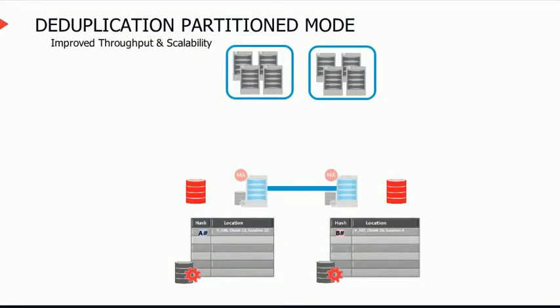The following illustrates the process of a 2-node deduplication partitioned mode grid in action. To start, clients select a data mover, media agent, to send data to based on a grid store policy. Let's look at a data stream creation by a client in this group, which is hashed during the initial client-side operations.